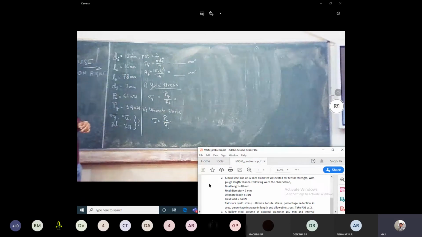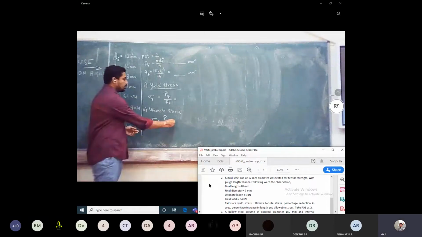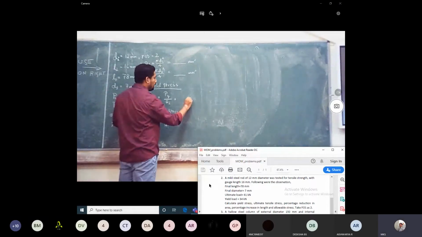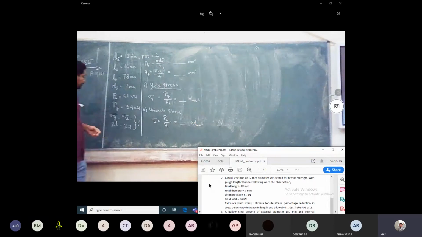Find out how much it is, and don't forget to write the units: Newton per mm square. Next, I need to find the percentage elongation in length and percentage reduction in area.